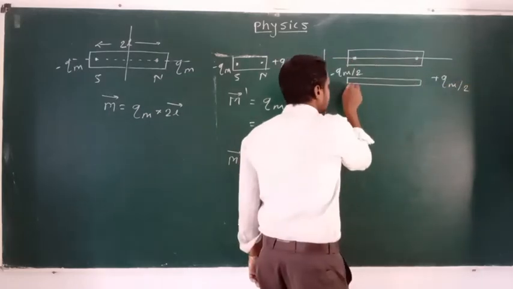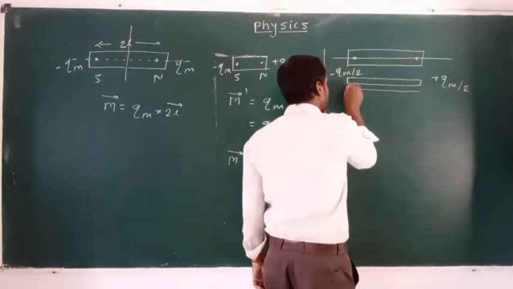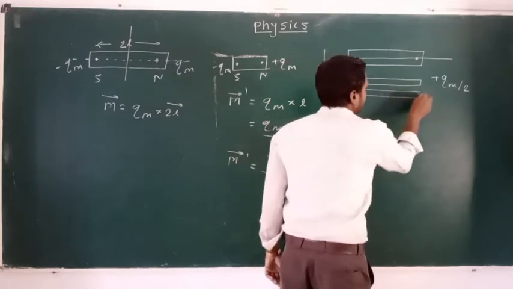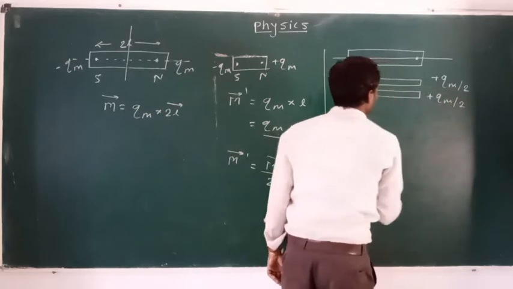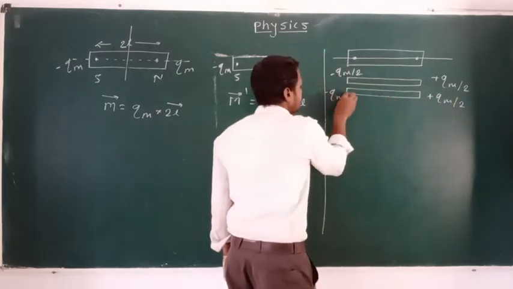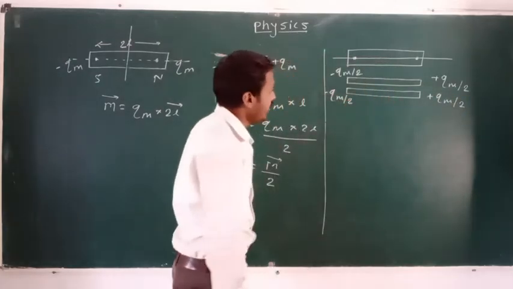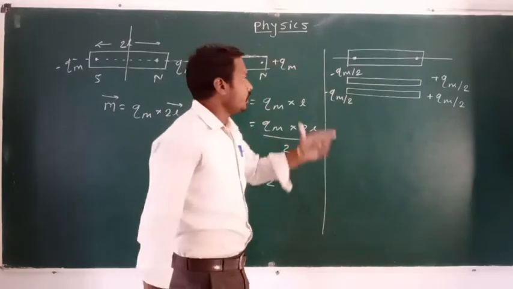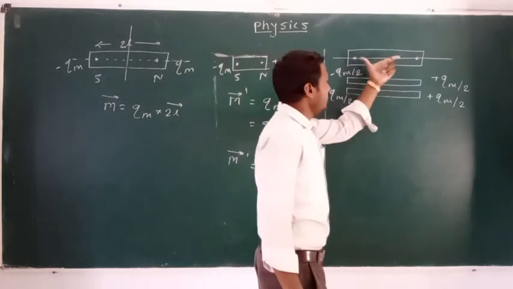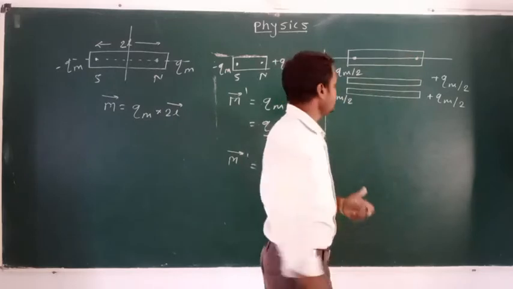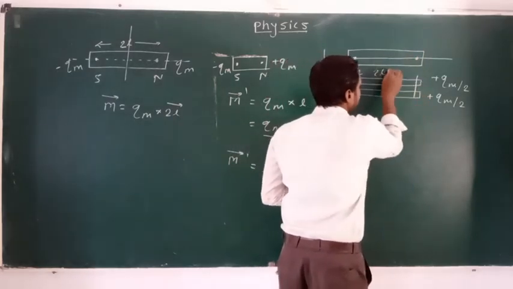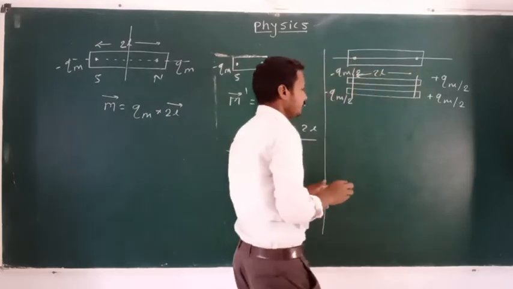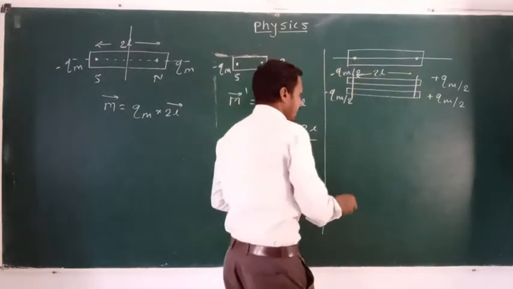Okay, and this is the other bar magnet. This is plus qm divided by 2 and this is minus qm divided by 2. And all the dipole length remains unchanged, that is, the distance from that point to that point is 2l. Now, what about the magnetic dipole moment?